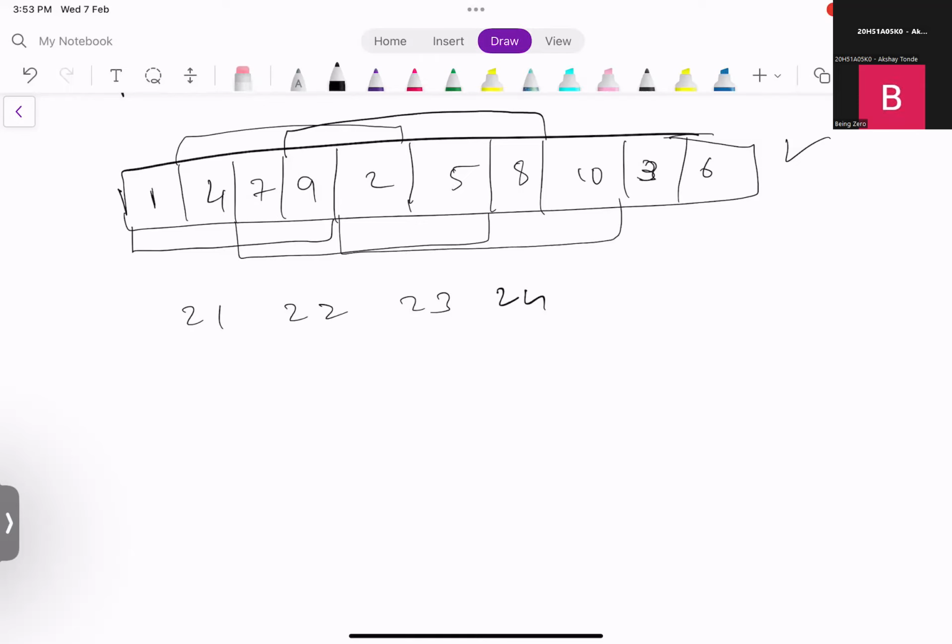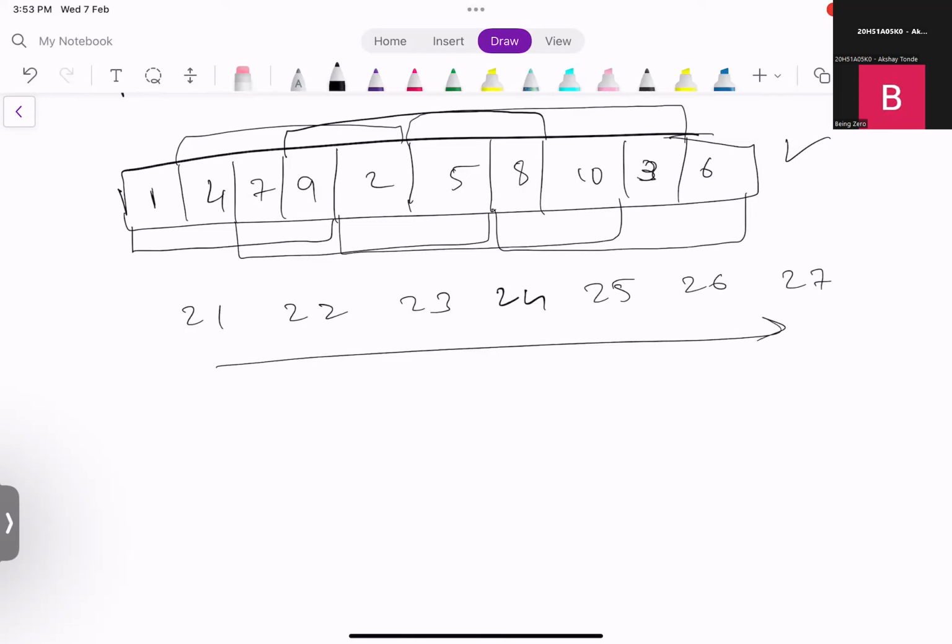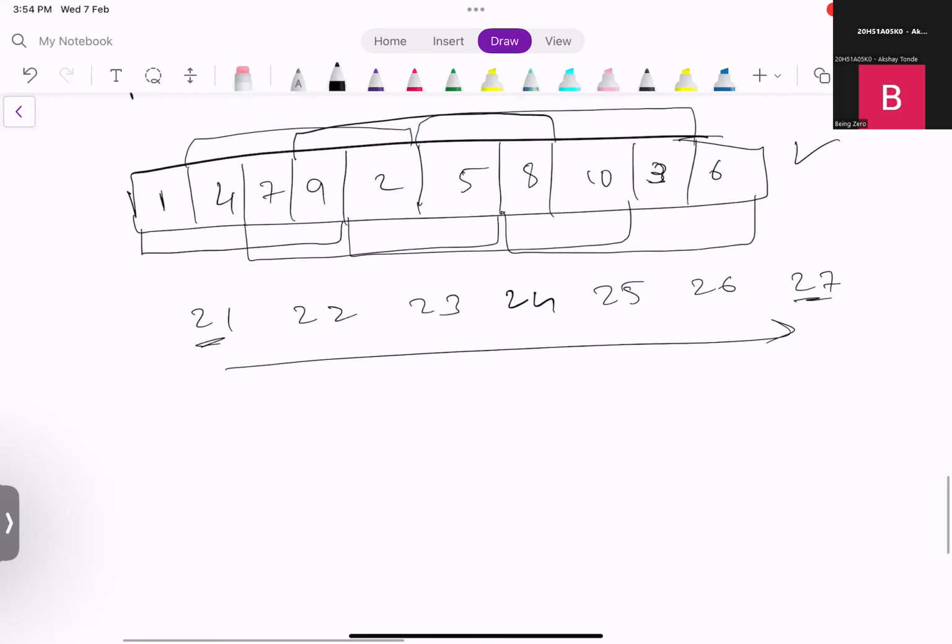This will be 25. This will be 26. And this final one will be 27. Now, if you observe, these are increasing in order, right? And here, max minus min, 27 minus 21, is not less than or equal to 1. It's 6, which is way higher than 1, right? So this is not an acceptable solution, right?